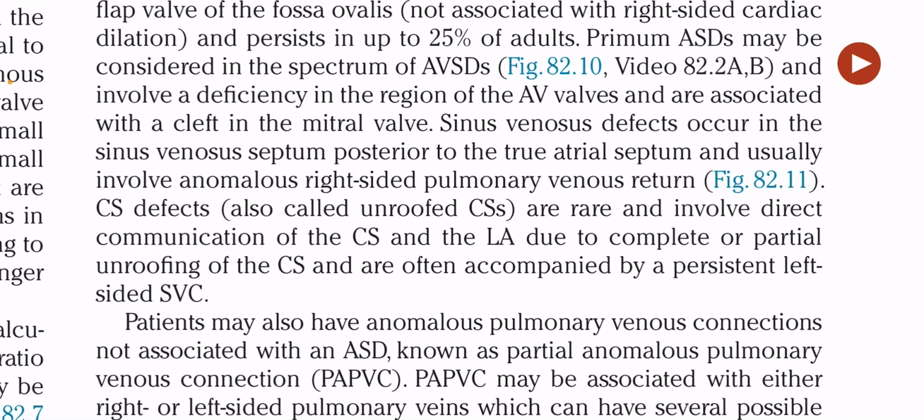Coronary sinus defects, also called unroofed coronary sinus, are rare and involve direct communication of the coronary sinus and the left atrium due to complete or partial unroofing of the coronary sinus and are often accompanied by a persistent left-sided superior vena cava.